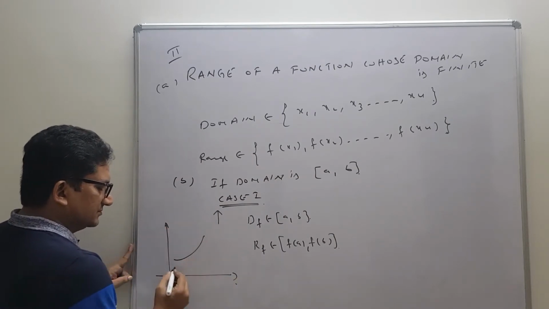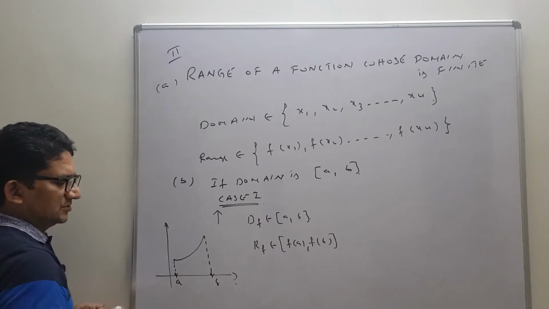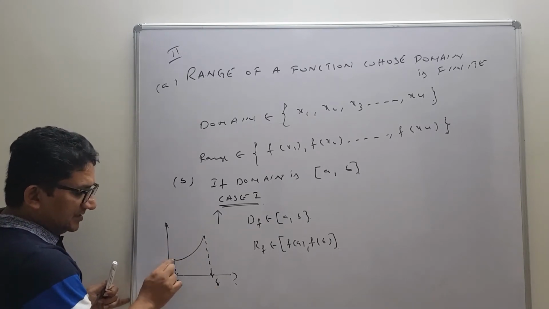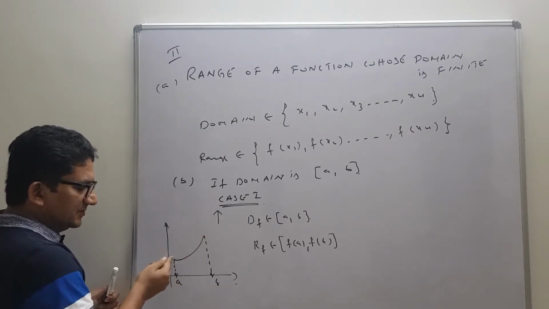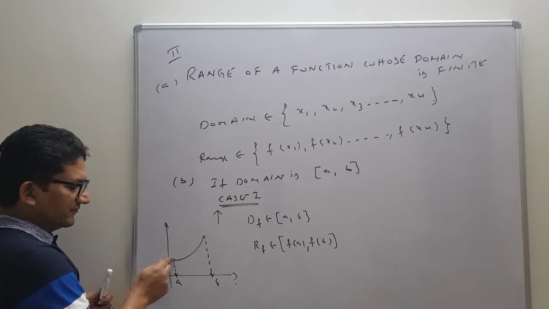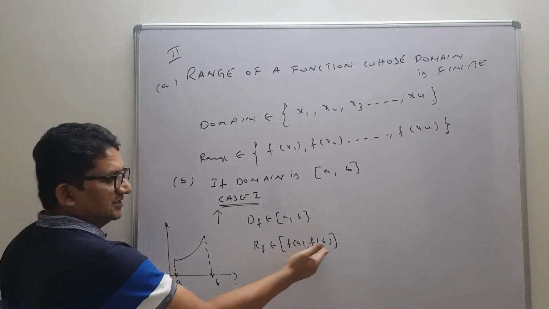This is some function. Assume that it is defined in between a and b. When the function is increasing in between these two values, clearly this is the minimum value and this is the maximum value, and the range will be calculated along the y-axis from here to here. That is nothing but f of a to f of b, so that is the range.